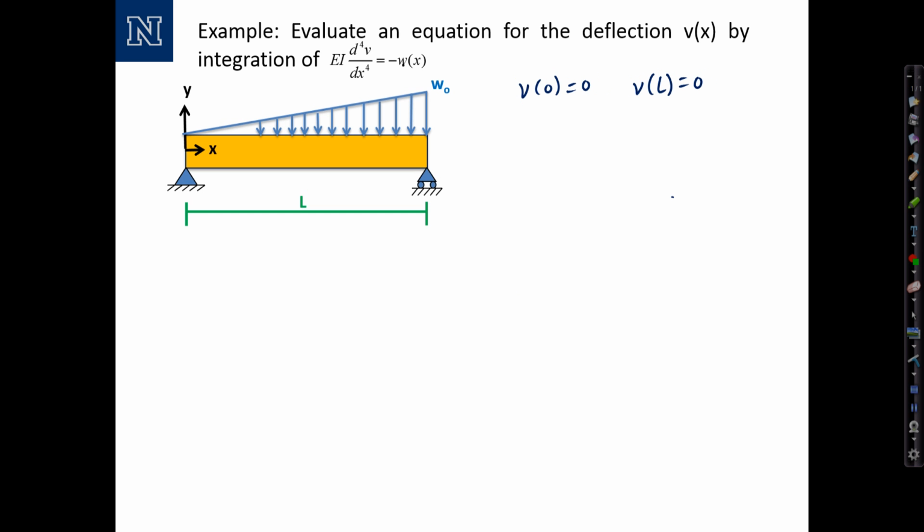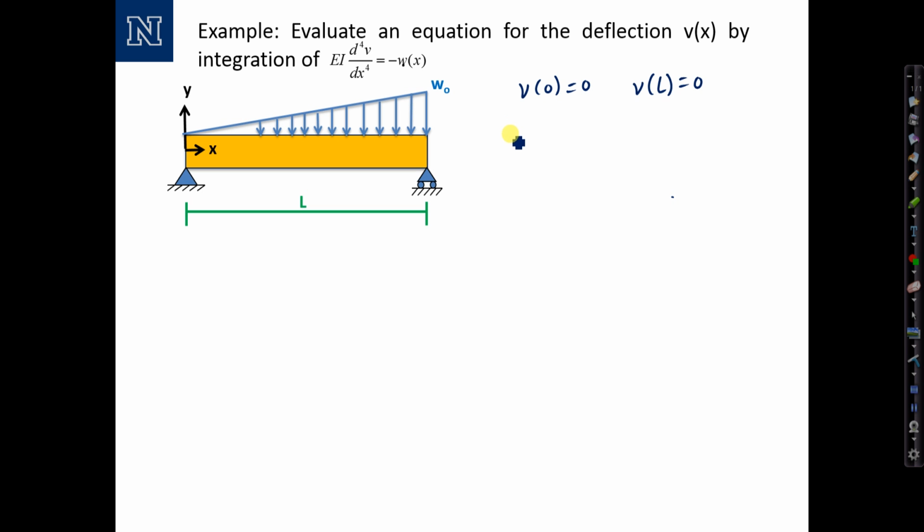Beyond that, we need to get additional boundary conditions based on moment and shear. There are a number of valid choices, but an easy one is to recognize that because of the pins at the ends, the moments at both ends are equal to 0. Since moment is equated to the second derivative of deflection, we can also say that the second derivative of the deflection at each end is equal to 0.